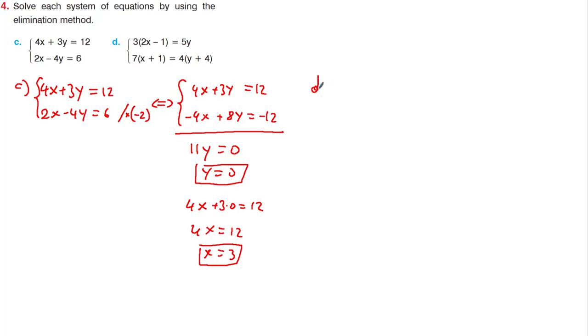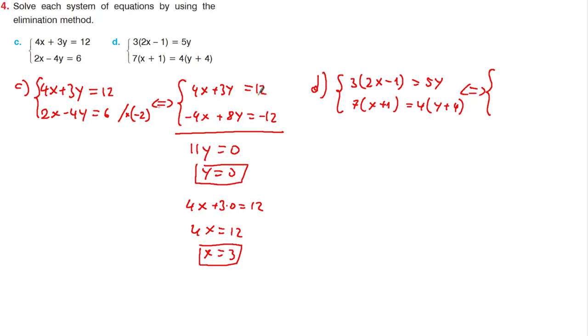What about under D? We have an equation like this. 3 times 2x minus 1 equals to 5y. 7 times x plus 1 equals to 4 times y plus 4. The first thing that we should do would be to get rid of these brackets to make this equation look more familiar.